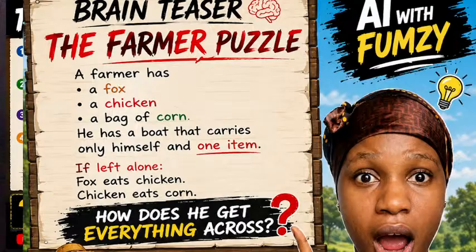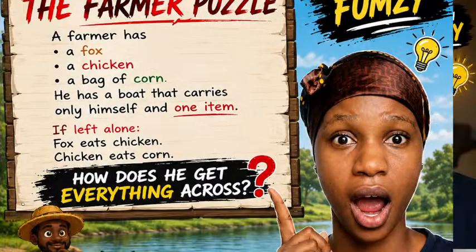Let me take the brain teaser question again so that you understand what we are doing here. A farmer has three items. He is at the near shore, and he wants to cross these items. Note that if he leaves the fox and the chicken together, the fox is going to eat the chicken.